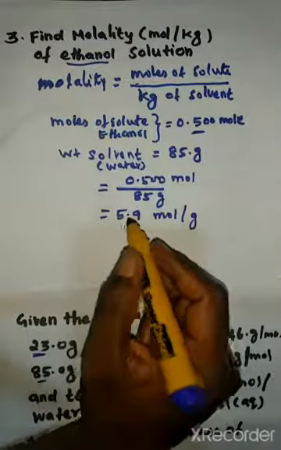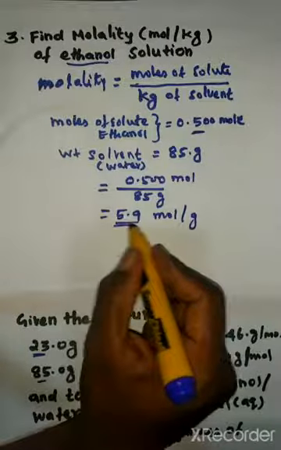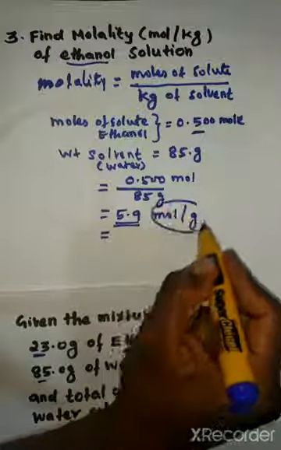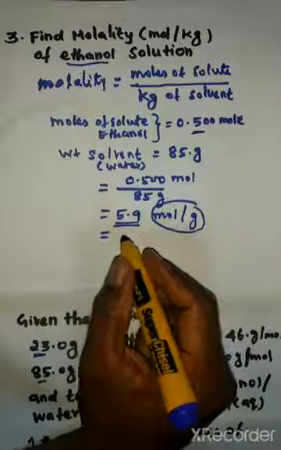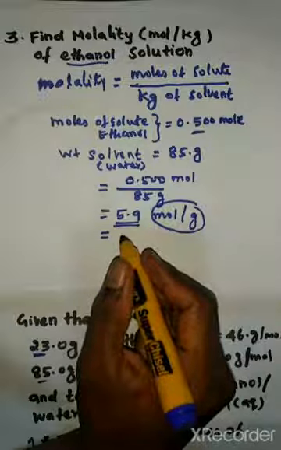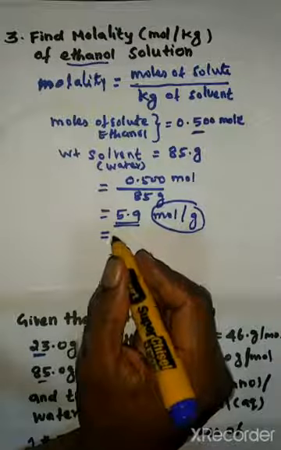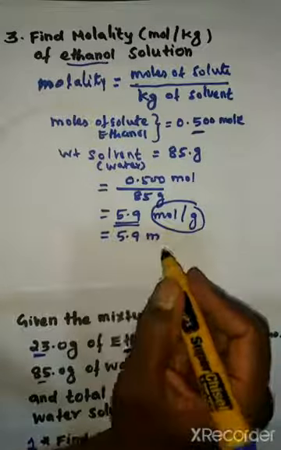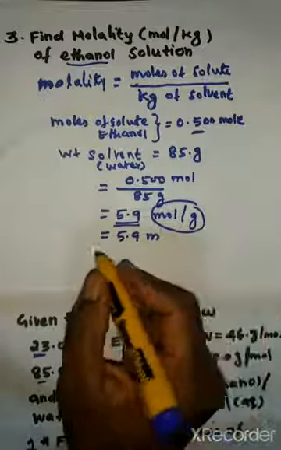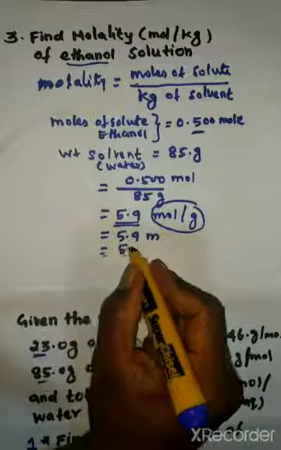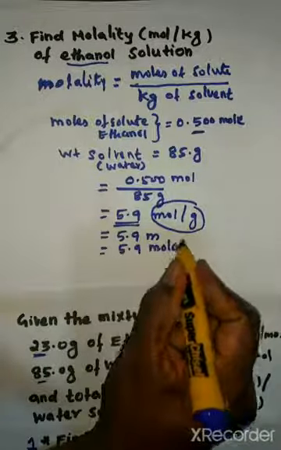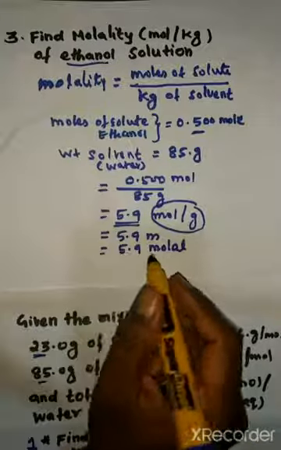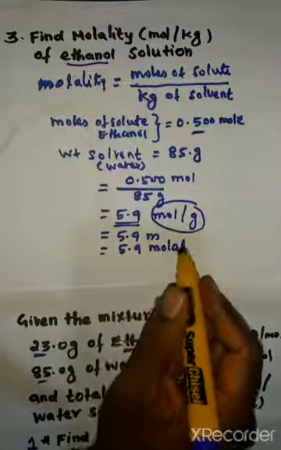This is the molality of ethanol. Actually, the 5.9 is 5.9 molal of ethanol.